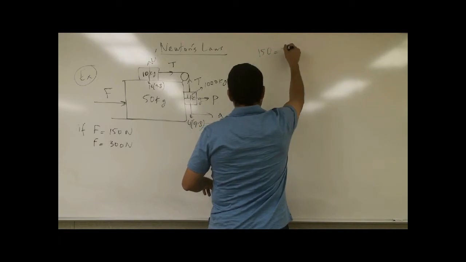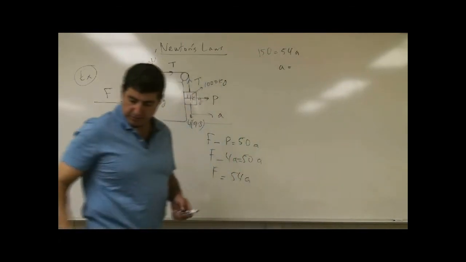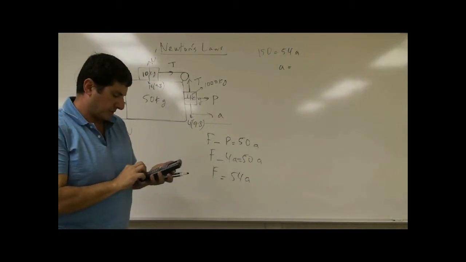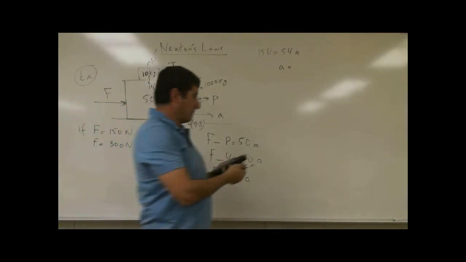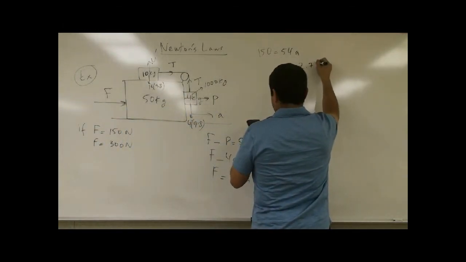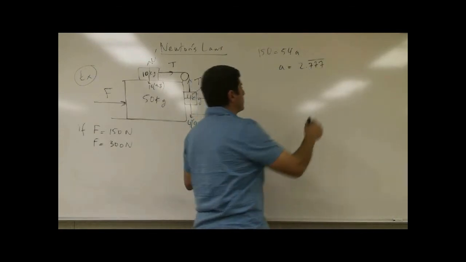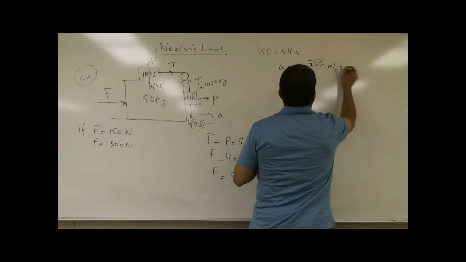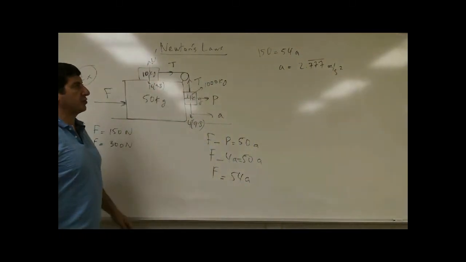That's equal to 54A. A comes out to equal what? 150 divided by 54. 2.777 with a bar over it, basically repeating sevens. So that means the whole system accelerates forward at 2.77.